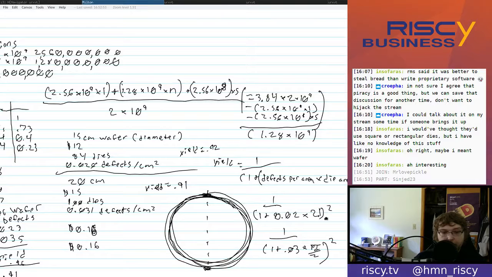So let me see here. First of all, this value needs to be 0.02. This value needs to be 2.1. Okay, so the actual yield for the first one should have been 0.959. So we're going to call it 0.96.